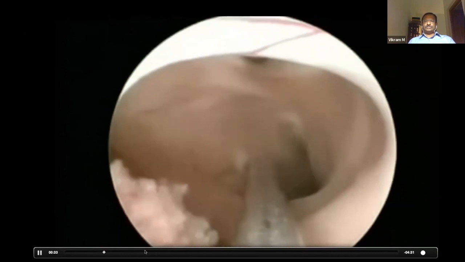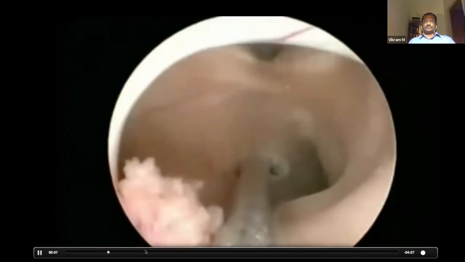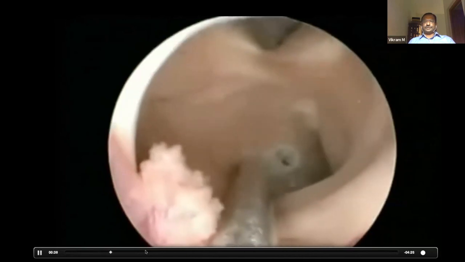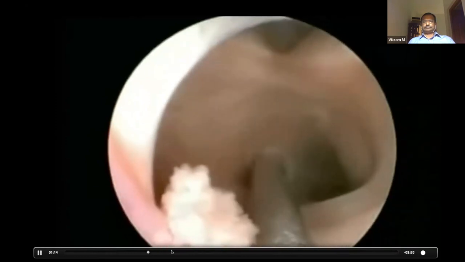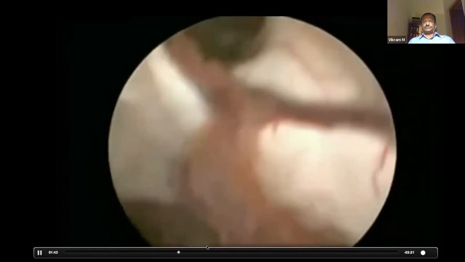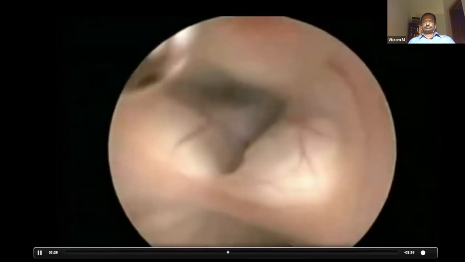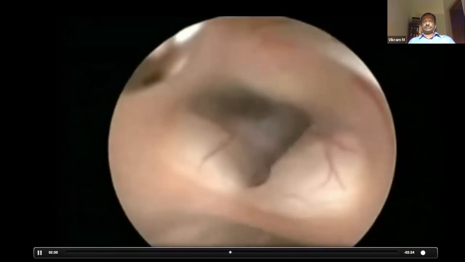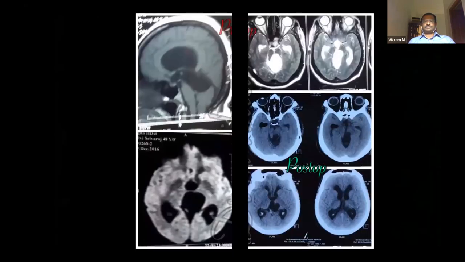So that is just posterior to the aqueduct, the capsule, which was cauterized with the bipolar. And the flow was established. So that's the third ventriculostomy which was performed and it's pulsating very well.